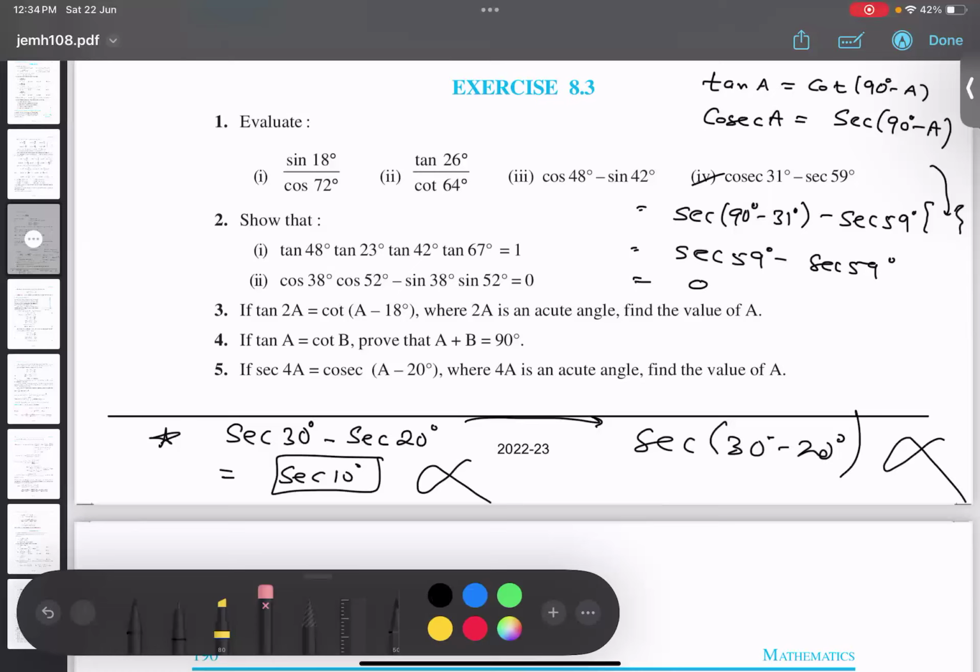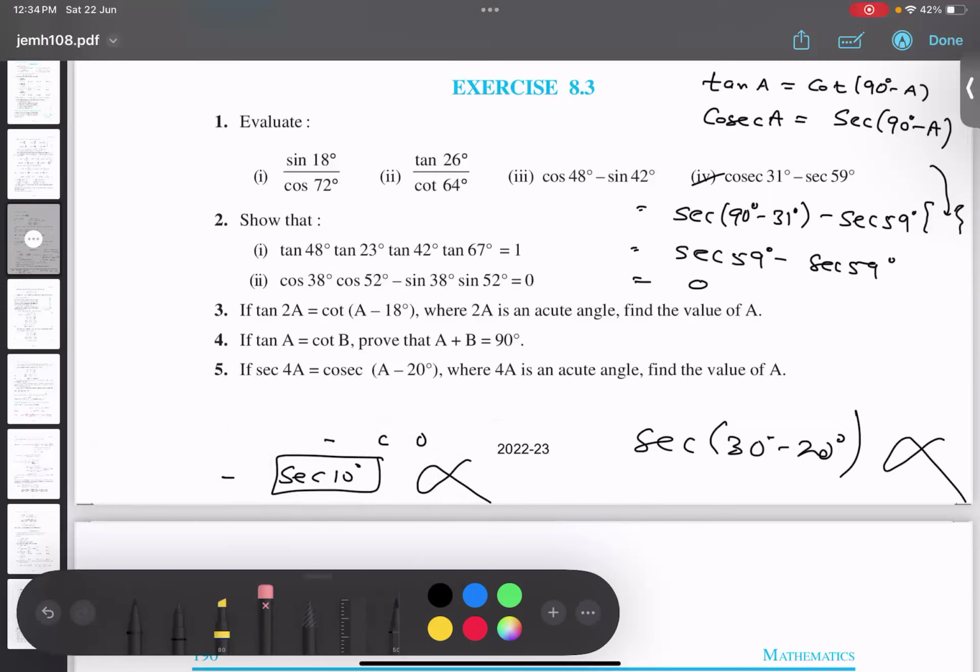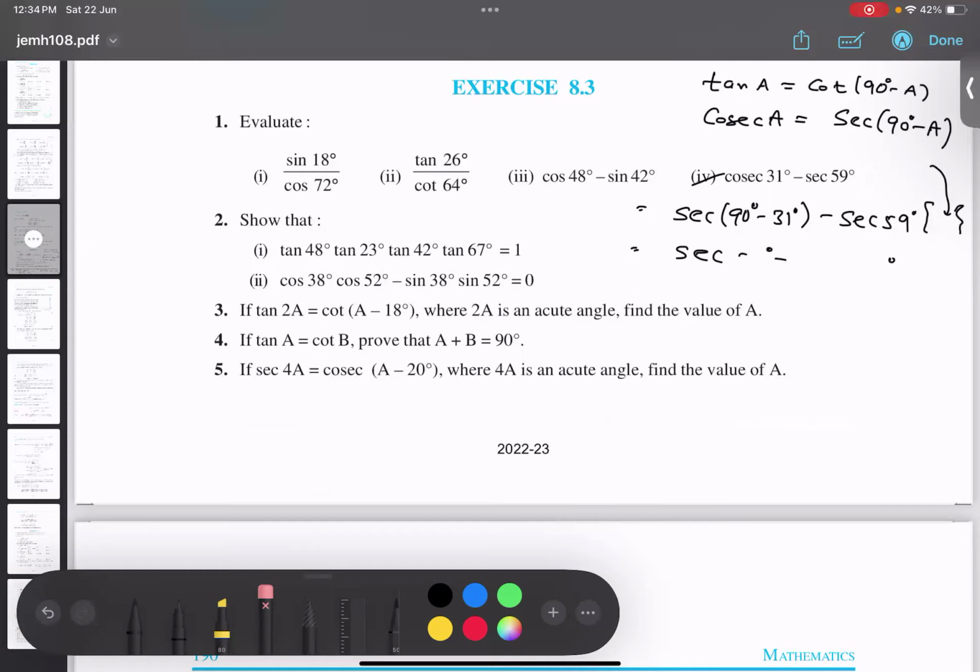Now, based on this, let's do question number 2, first part. If you see, there are 4 numbers. Which two are getting combined and giving us 90? Can you see 48 and 42?